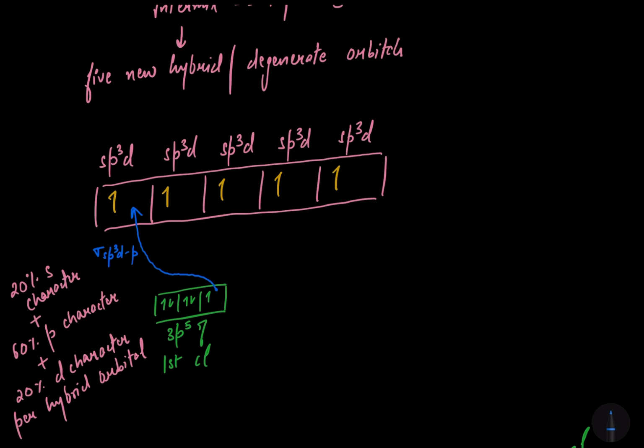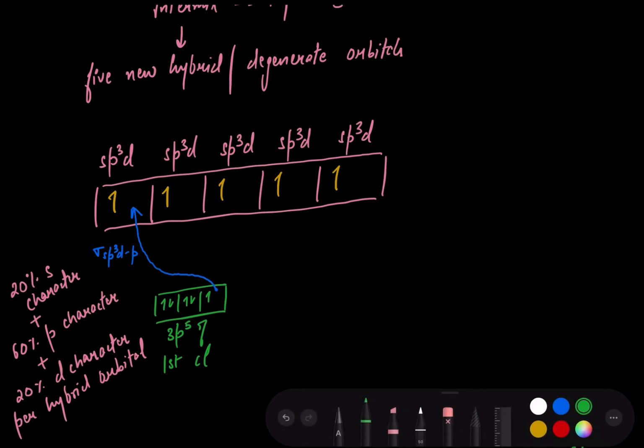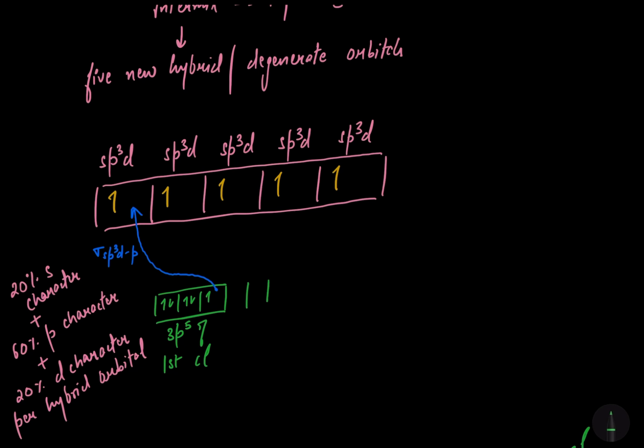Now let's talk about the second chlorine. That's the 3p of the second chlorine atom, which has 5 electrons. Let's fill these 5 electrons: the first, second, third, fourth, and the fifth.